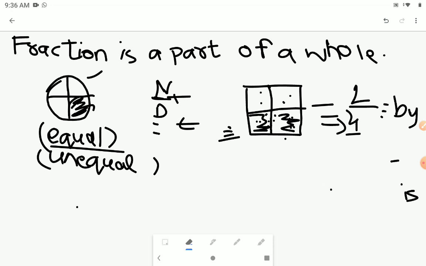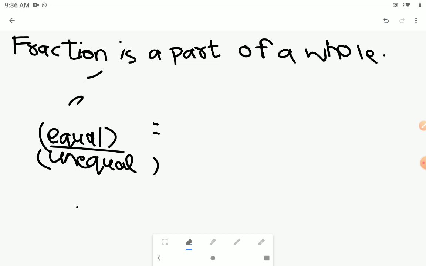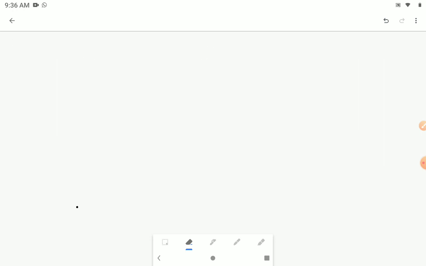Coming on your screen. Wait a minute, just let it erase. Shall I erase that fraction is a part of whole? I will erase it, so we will gonna get a lot of space, because I am gonna repeat it only. Fraction is a part of. Coming on your screen. So now I am only drawing. How shall I write coming on this screen?